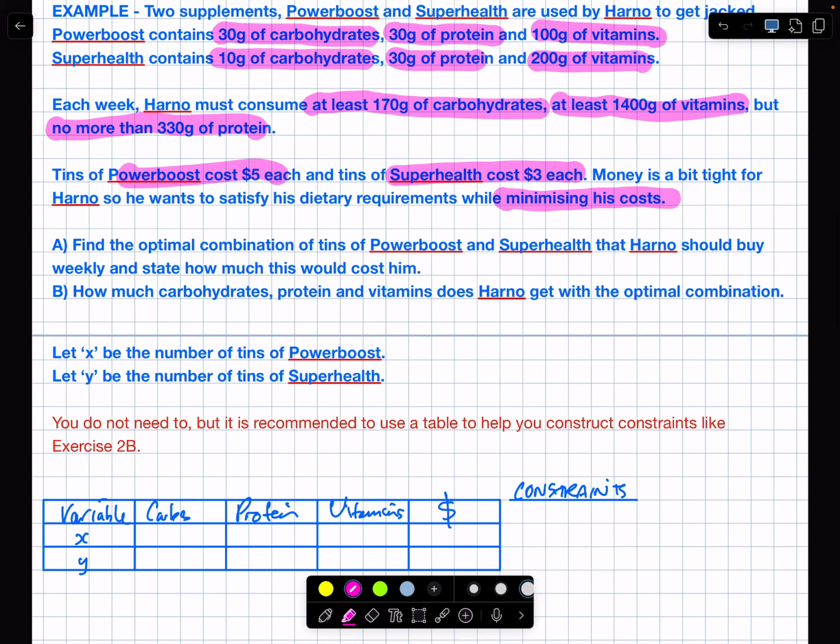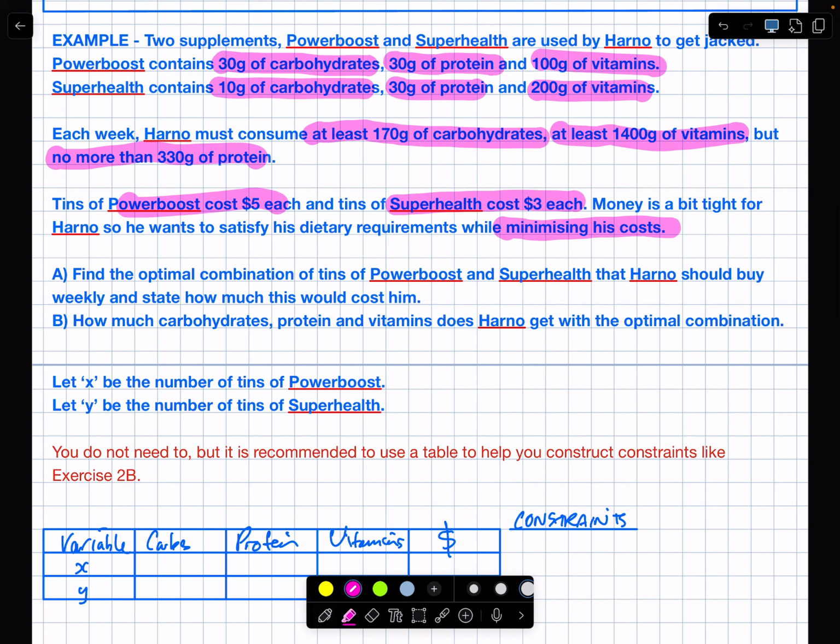Look at the question. Carbs. How many grams of carbs are there in the Power Boost tin? 30. So carbs for X is going to be 30. How many grams of carbs in Super Health? 10. And what is the constraint for carbohydrates in Hano's diet?